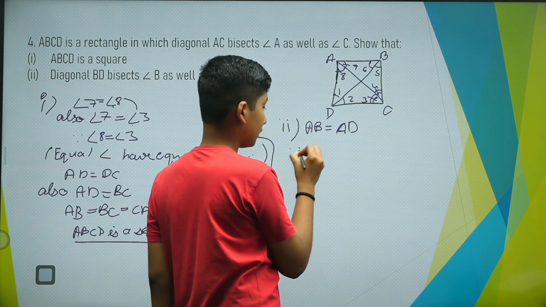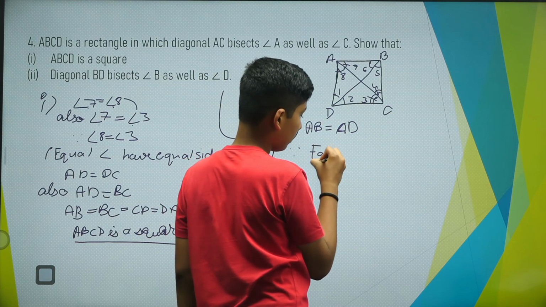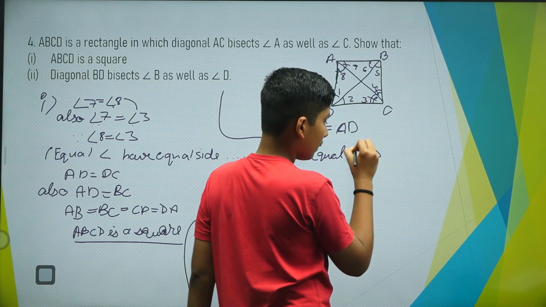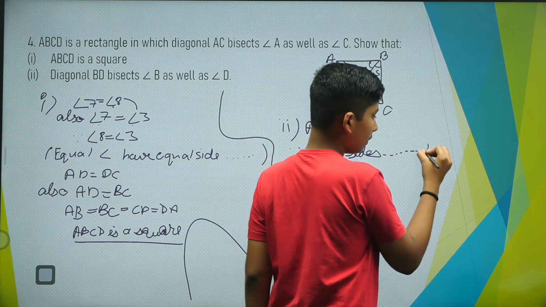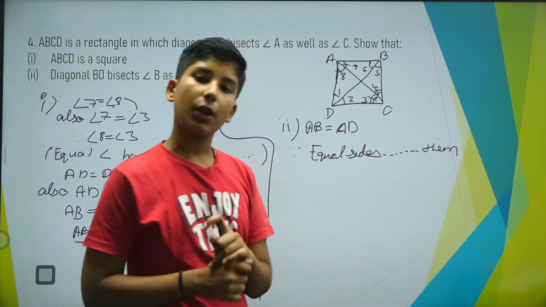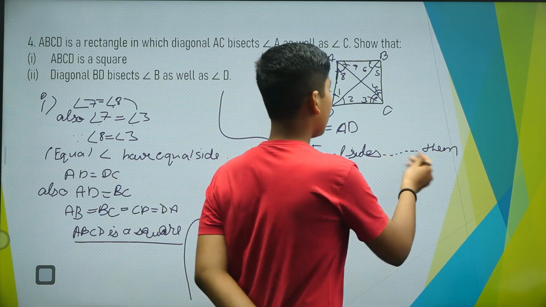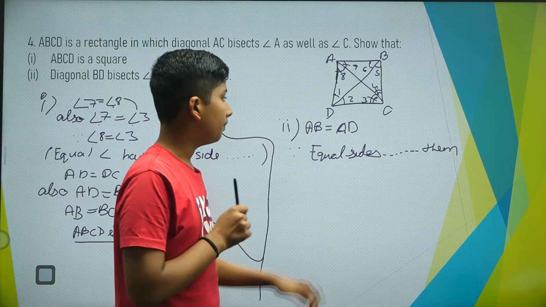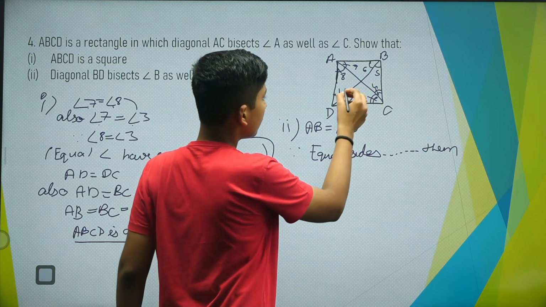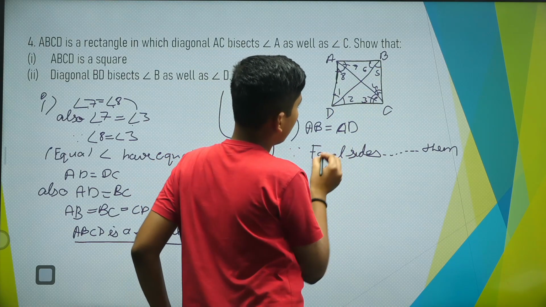Now since equal sides have equal angles opposite to them, again there is no space, so I will have to write the short form. We can say that angle 1 will be equal to angle 6.